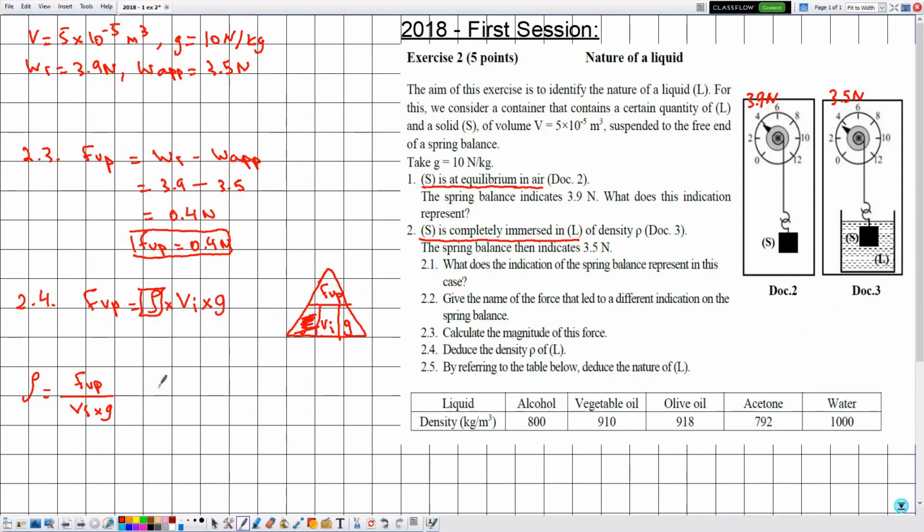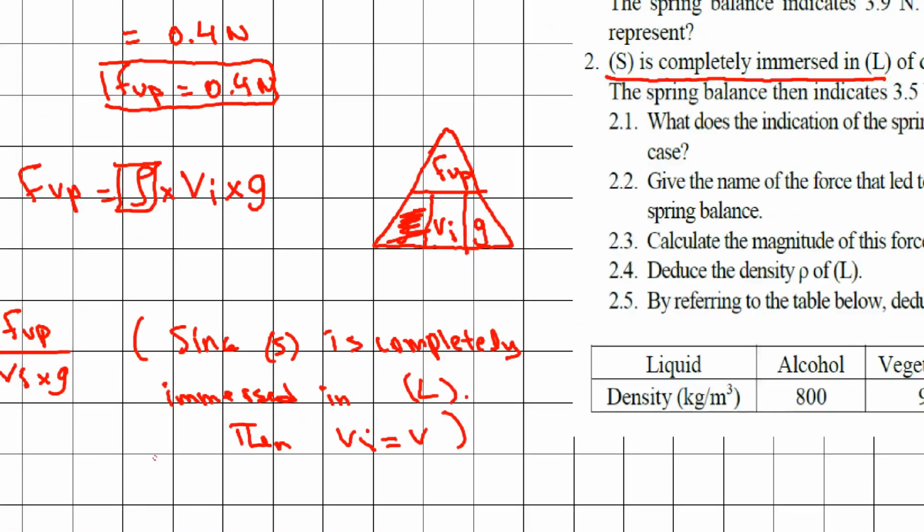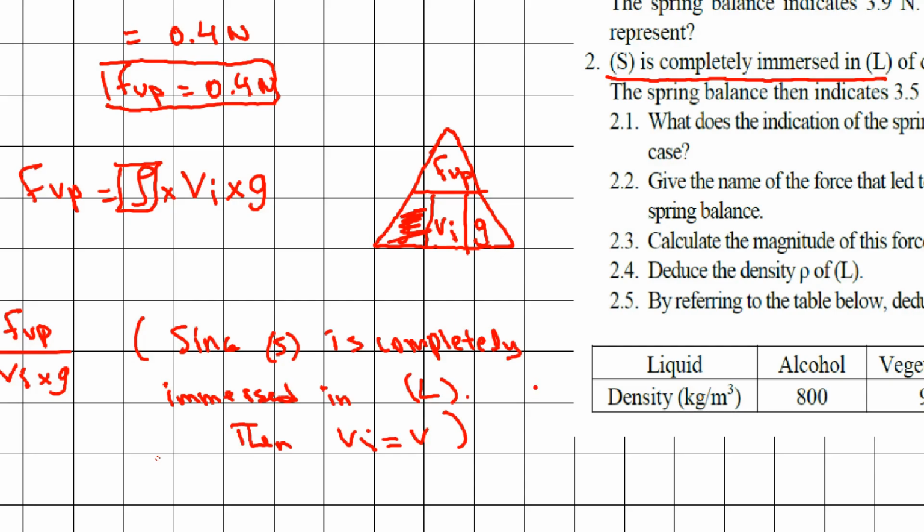So here, let's write between the brackets, since S is completely immersed in L, then Vi is equal to V. So this statement is very important. They usually give a half a mark for this statement.